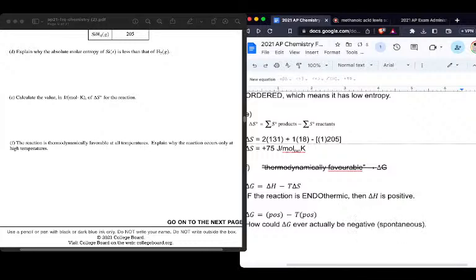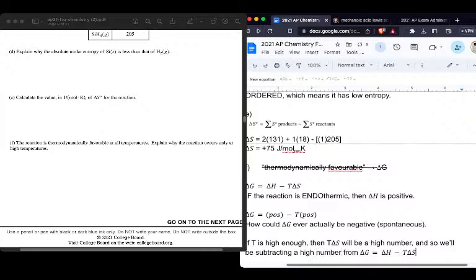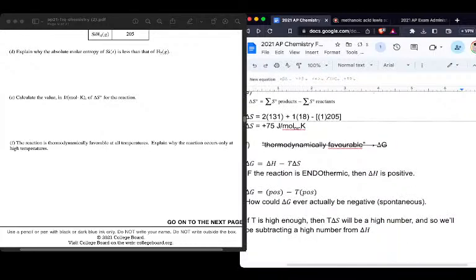The answer is, if T is high enough, then T delta S will be a high number, and so we'll be subtracting a high number from whatever the delta H is. Bigger number subtracted, it's more likely that delta G is negative.